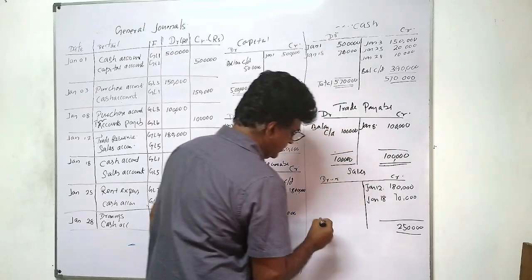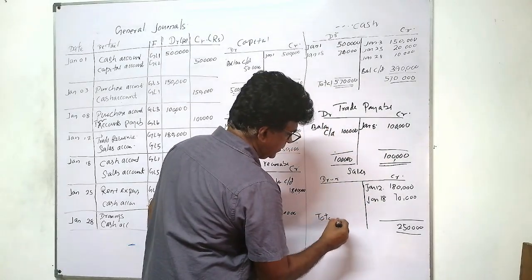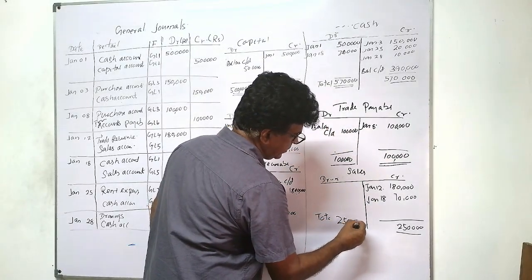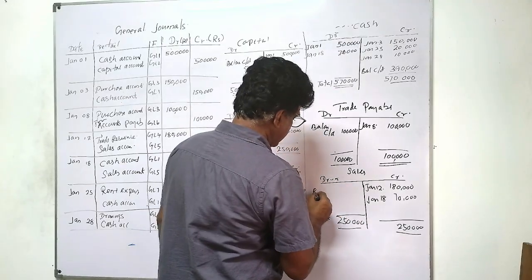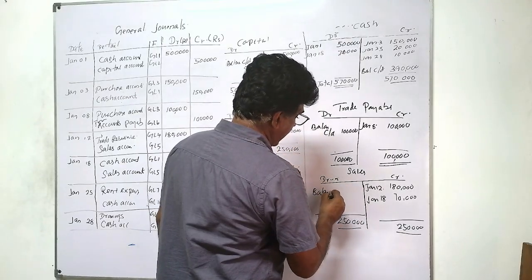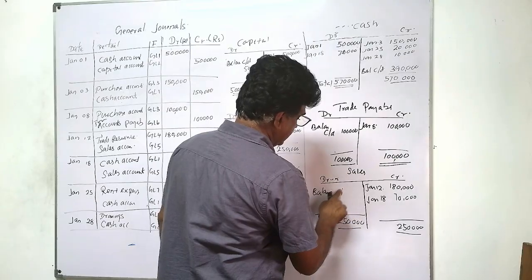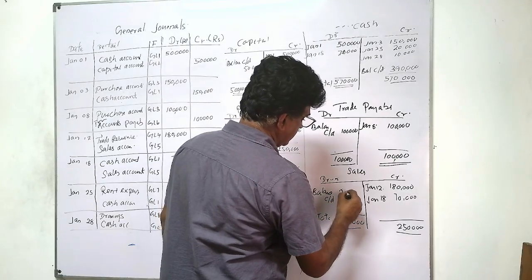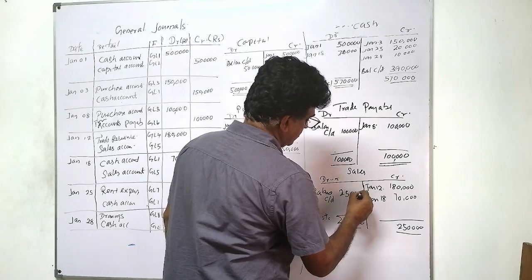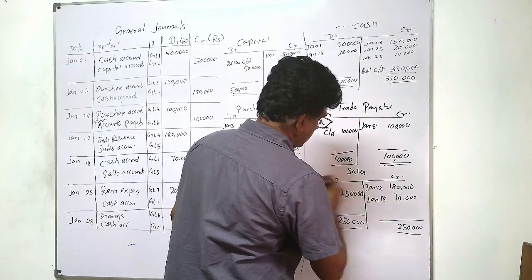This is 250,000. Total 250,000, right? Then balance 250,000.